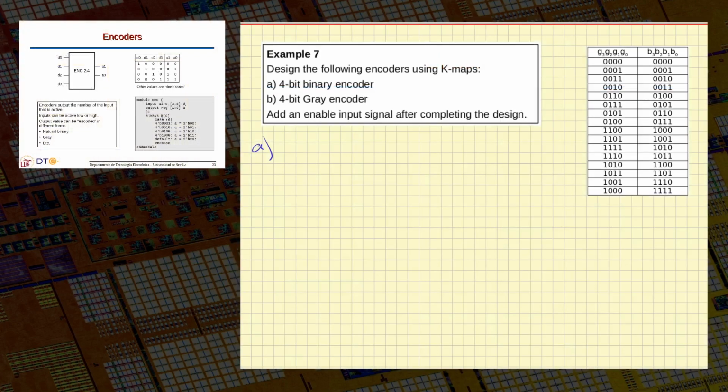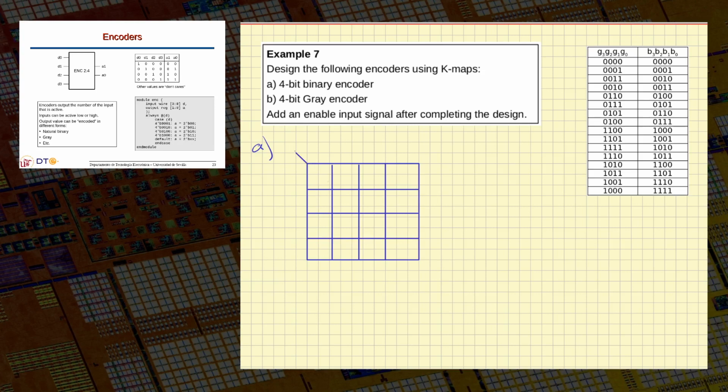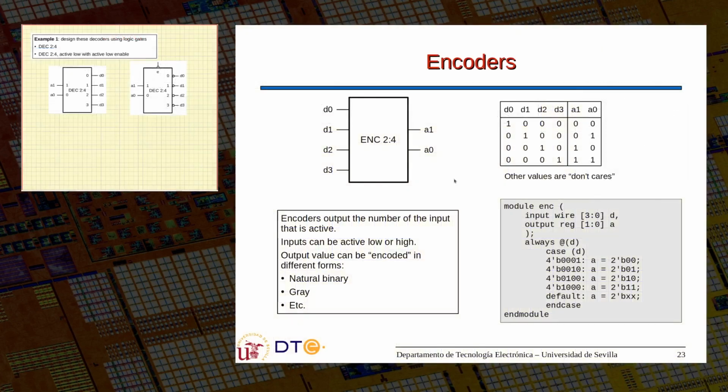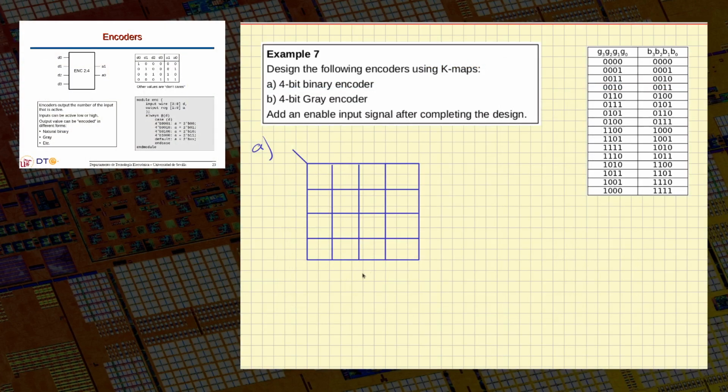So we use the kernel map to specify our encoder. The encoder has two outputs that actually encode the number of the active input. And we can start by specifying both outputs inside the map.